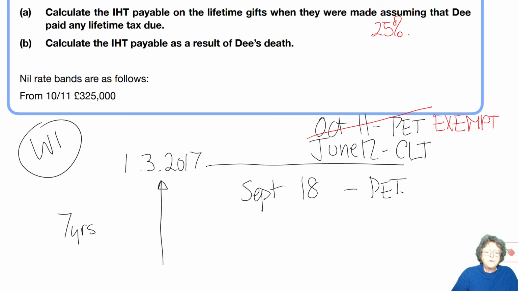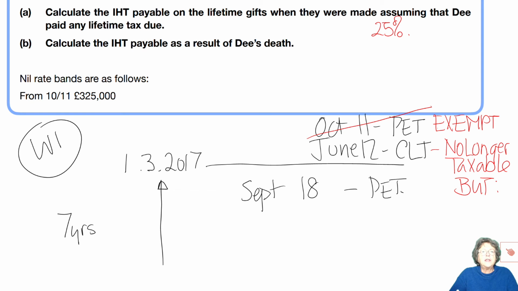This CLT in June 2012 is now no longer taxable, but it is going to have an effect because it's a chargeable transfer.